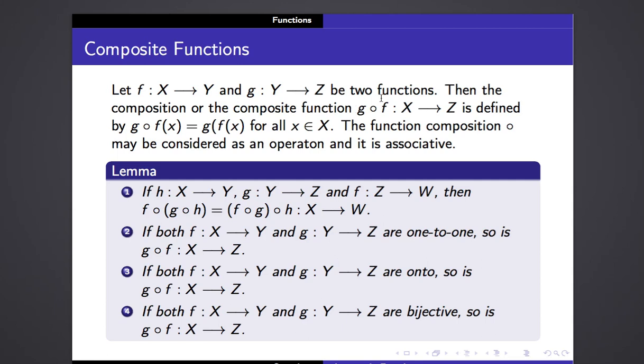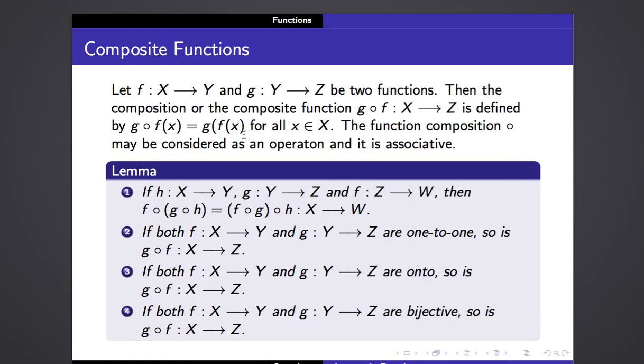So what you see, g circle f, is read as f followed by g. This composition is defined by g of f of x.